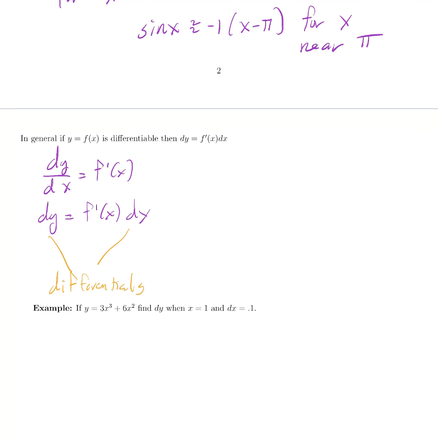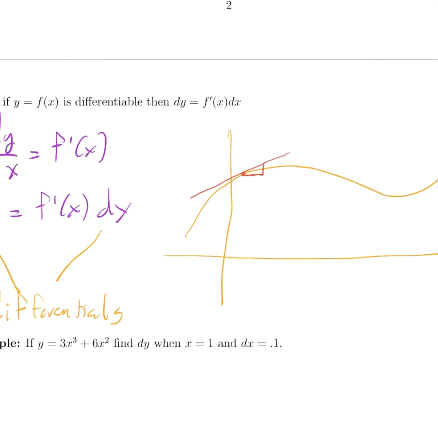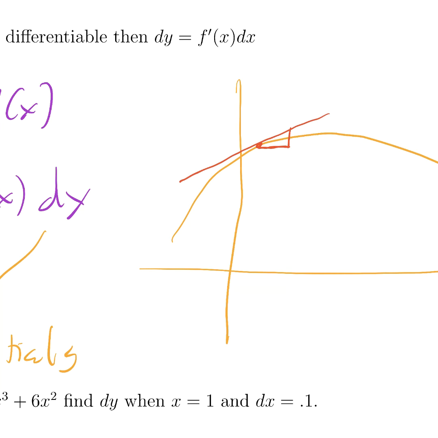What's really happening here is if we look at some function, and we have some tangent line to that function, and then we look at some small change on the x-axis, going this way and this way. Let's blow up on that for a second.